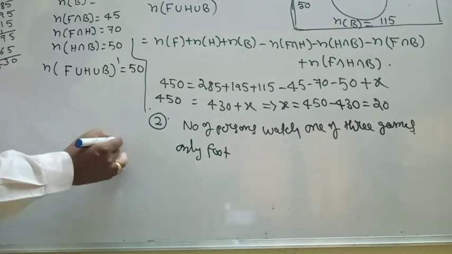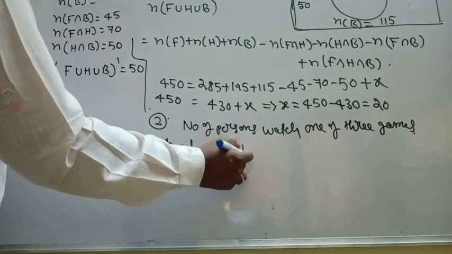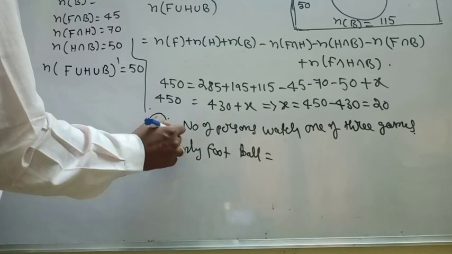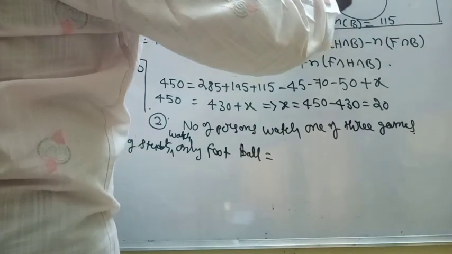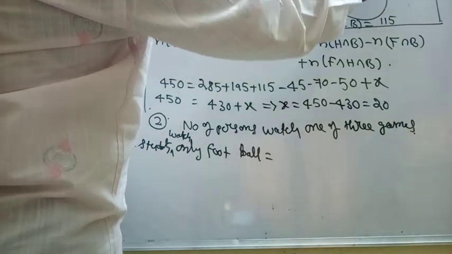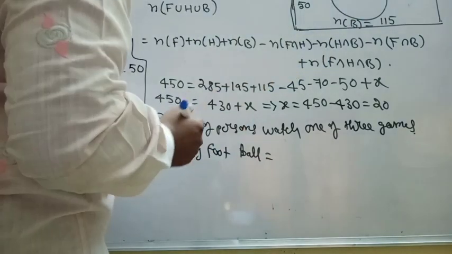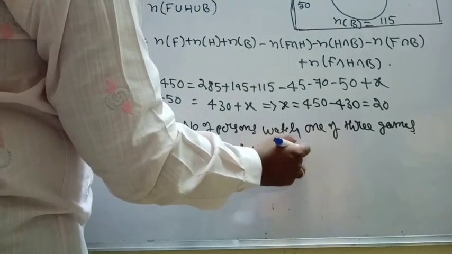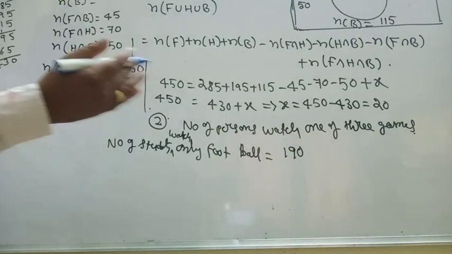Here we write number of students who watch only football. Totally 285. This part indicates the students who watch only football, means 50 plus 20 is 70, 70 plus 25 is 95, 285 minus 95 gives you 190. So 190 students watch only football.